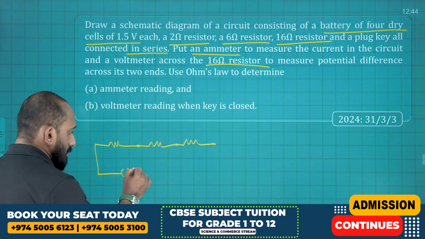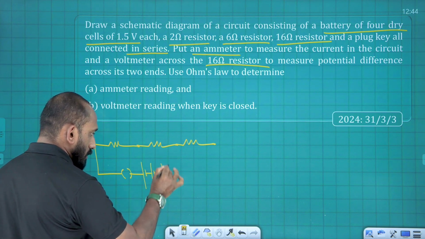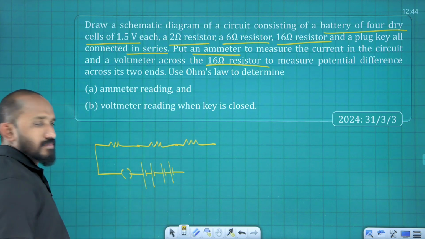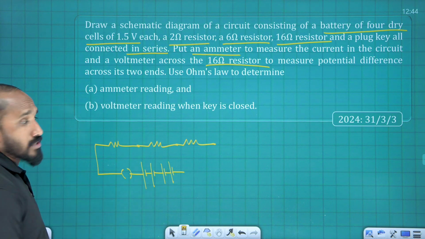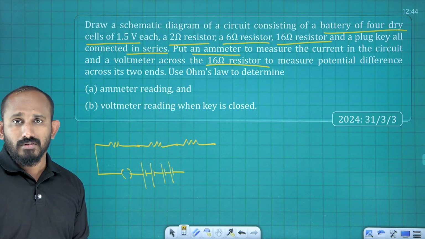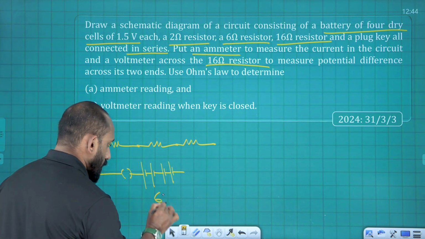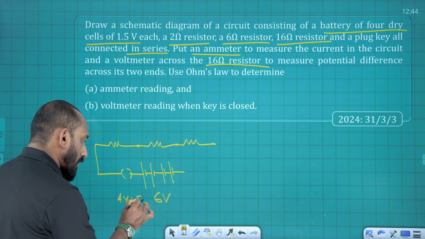So 4 dry cells means first one, second one, third one, fourth one, added like this. So total will be how much? Each one is 1.5 volt. So 4 into 1.5, how much is it? That is 6 volt. A 6 volt battery is there.